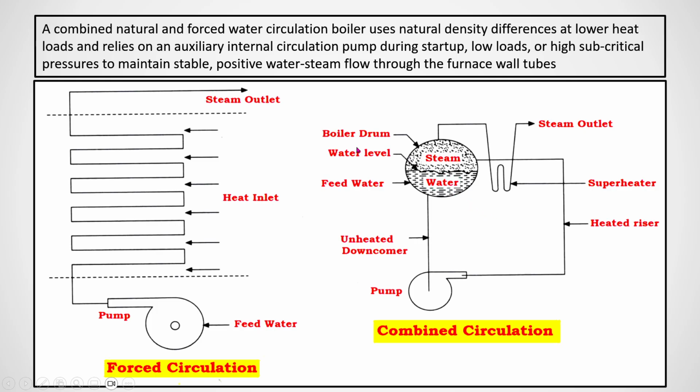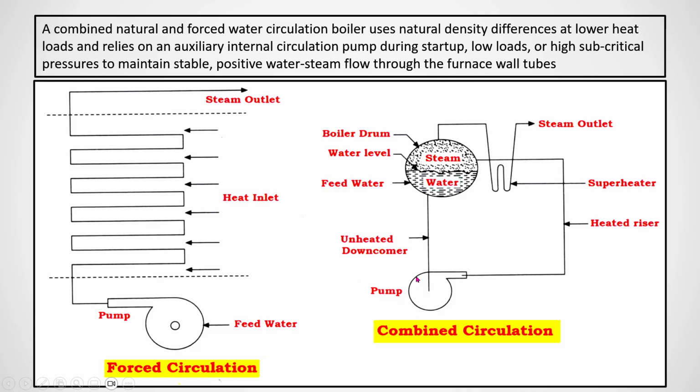It is also combined, because here you see this is the superheater, and this is the feed water. Water is coming by the feed water pump. Then the downcomer does not come in the heating process, that's why the density is higher, and this is the heating process where the density of the water is less, and due to the density difference, the circulation will be natural.